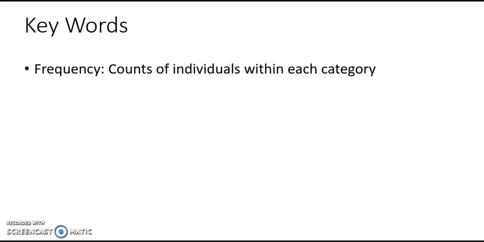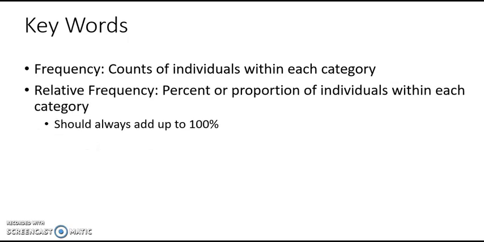Our keywords are frequency, counts of individuals within each category, so we're saying 1, 2, 3, 4, 5, and relative frequency, percent or proportion of individuals within each category. So that means we're taking the number in each category divided by the total, and the percent for all categories added together should always equal 100%.